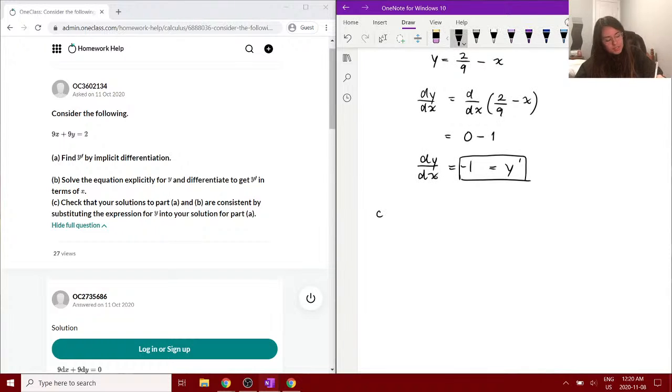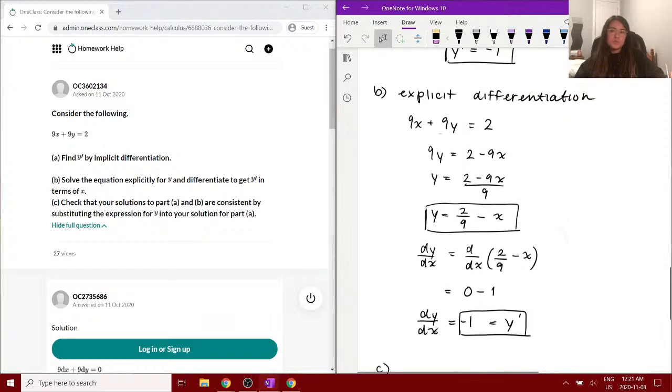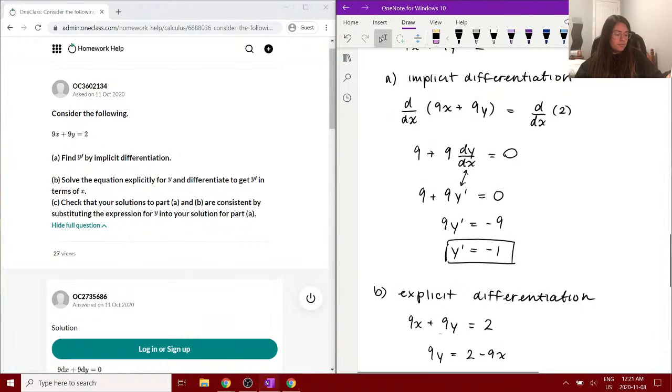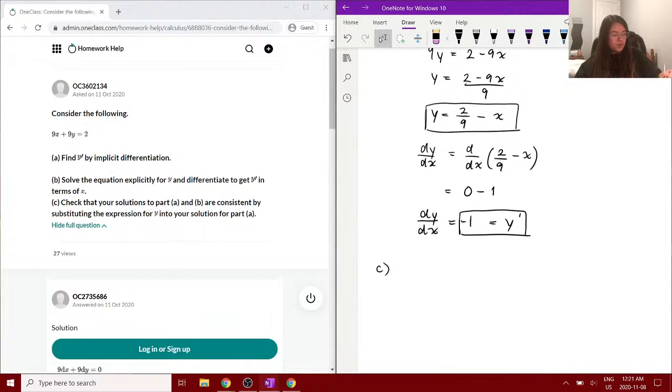So part C is just asking us to compare the solutions to make sure that they're consistent. It suggests subbing this equation for y into the derivative of y. Remember we had dy by dx is equal to minus 1, just right here, right?